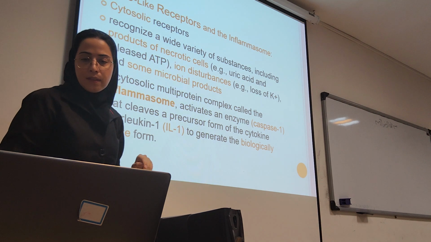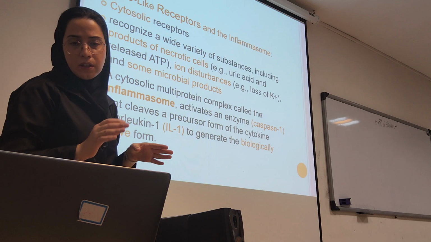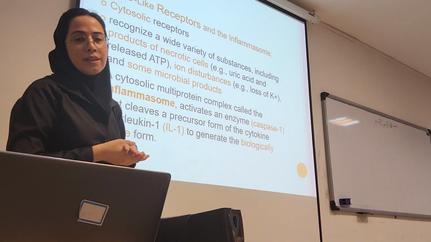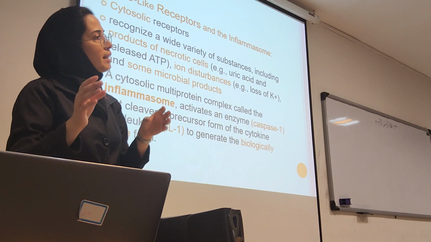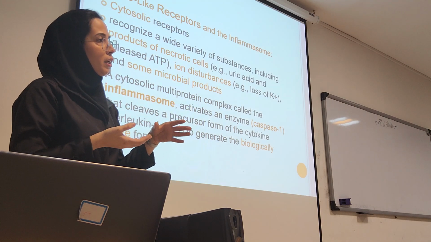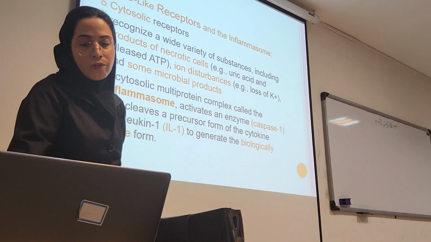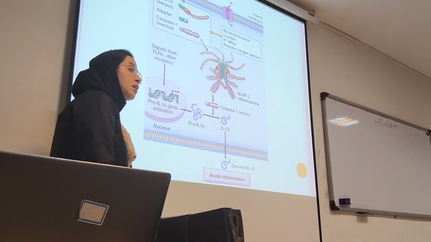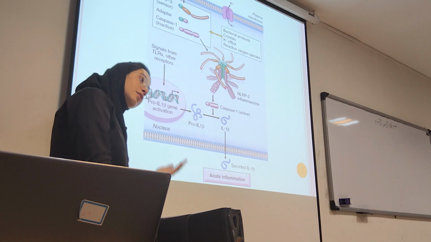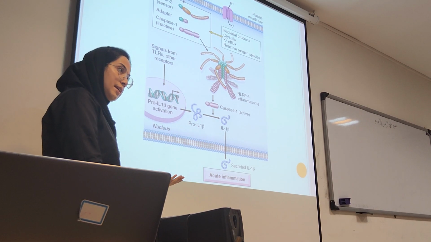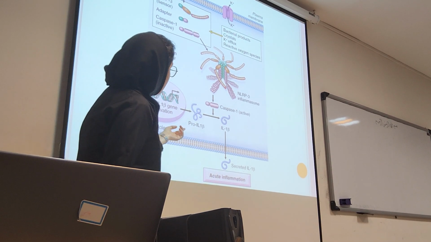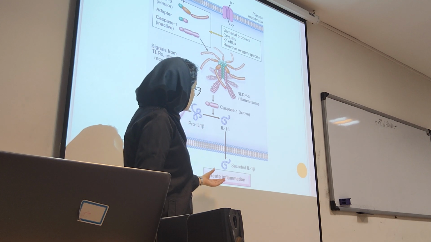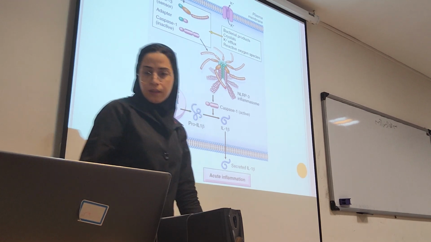After attachment of the antigen, of course we cannot call it antigen exactly, the product of cell damage or microbe, to the node-like receptor, we have activation of what? Inflammasome. And after that, caspase. And after that, we have activation of interleukin 1, which leads to acute inflammation.